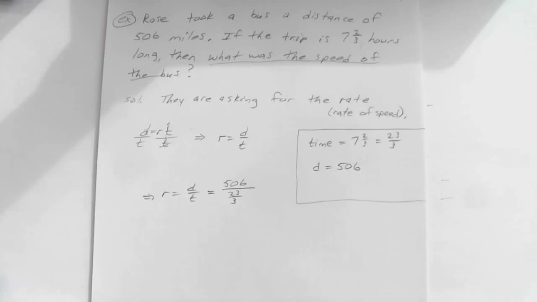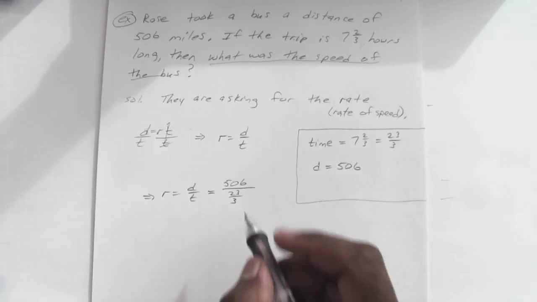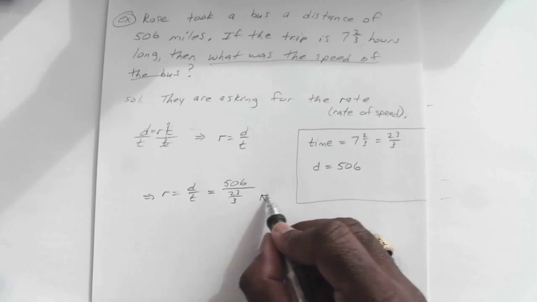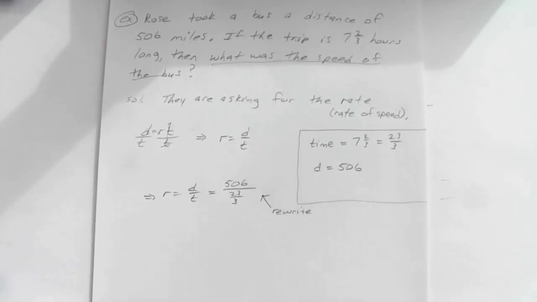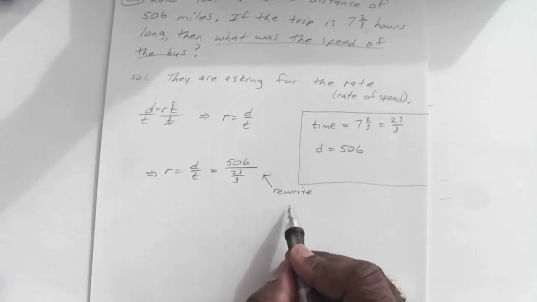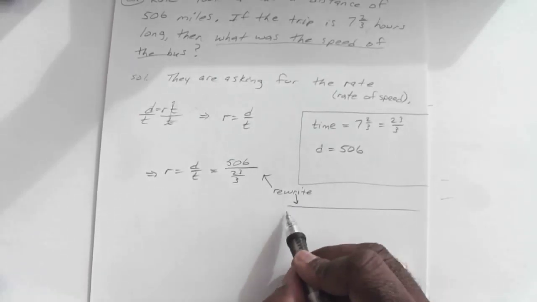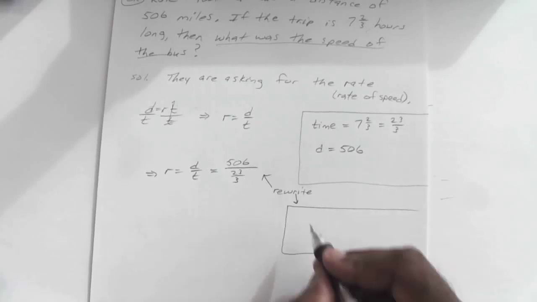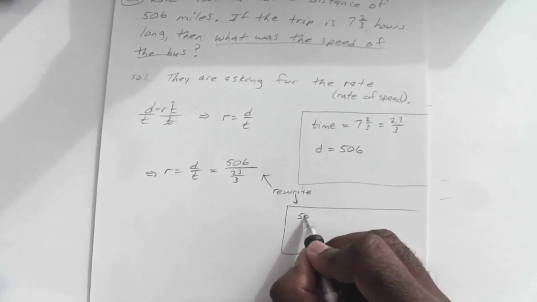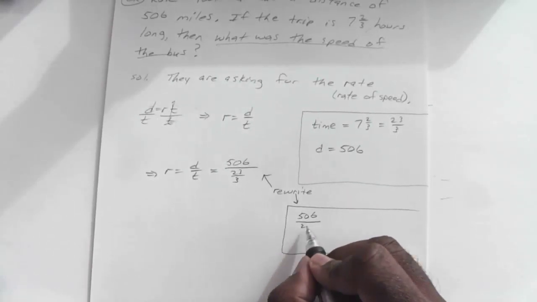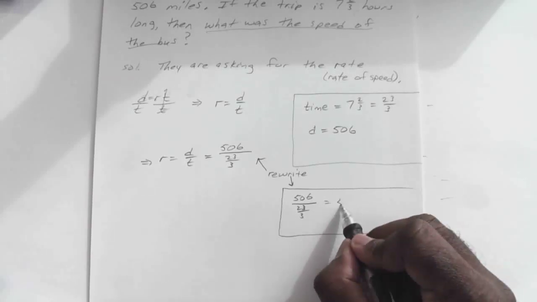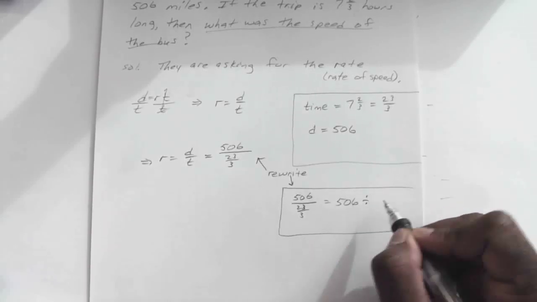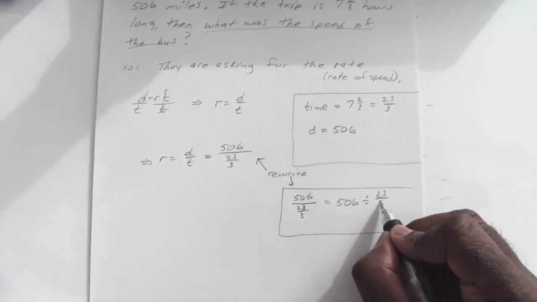Okay, so now you have a division over a division. So when you have one like this, you want to rewrite it. Okay, so now we're just going to do that right on the side. So if you have 506 divided by 23 over 3, that's just 506 divided by 23 over 3.